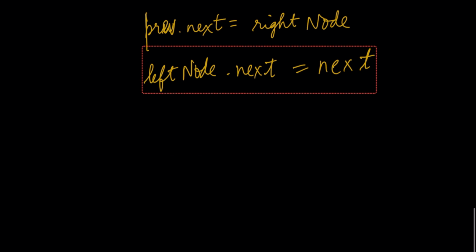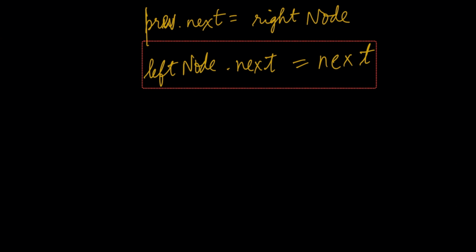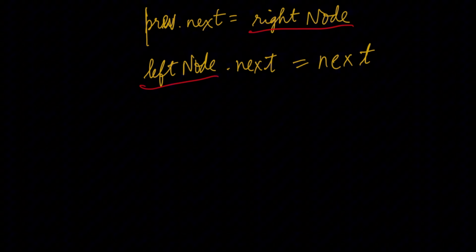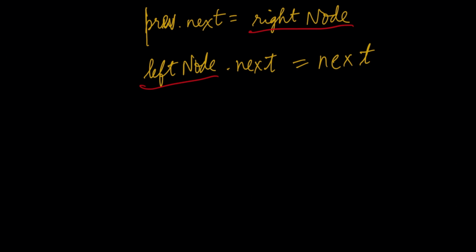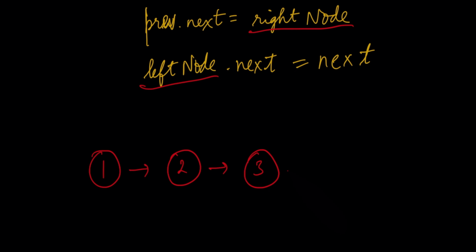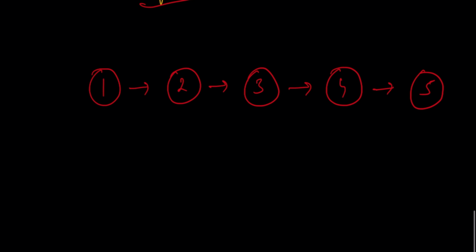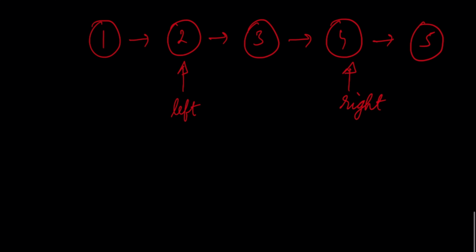And how do we find these right nodes and left nodes? To find them, first we're going to have to iterate over our original linked list, and since left and right are indexes, we can start by creating an integer.